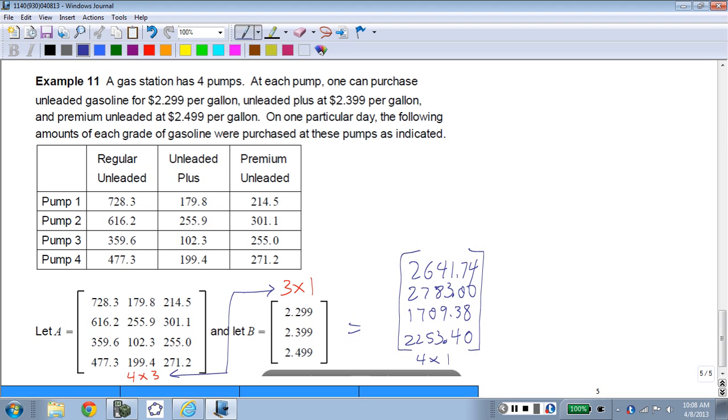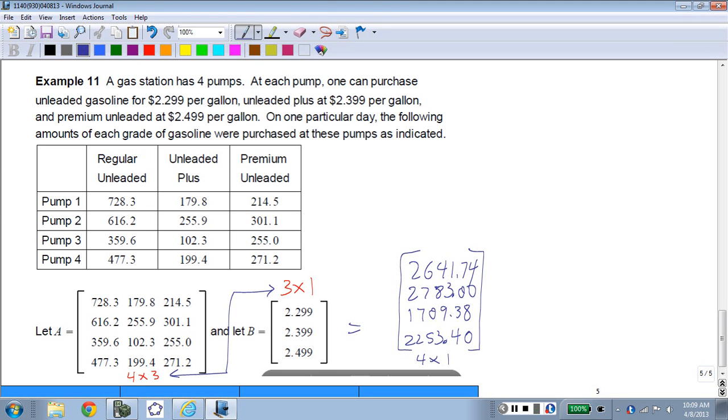Each row refers to what? Well, they all refer to gallons of gasoline, but if we break it down by row, row 1 is the number of gallons of gasoline purchased from pump 1. So each row has a corresponding pump. Row 2 is pump 2, row 3 is pump 3, and row 4 is pump 4.